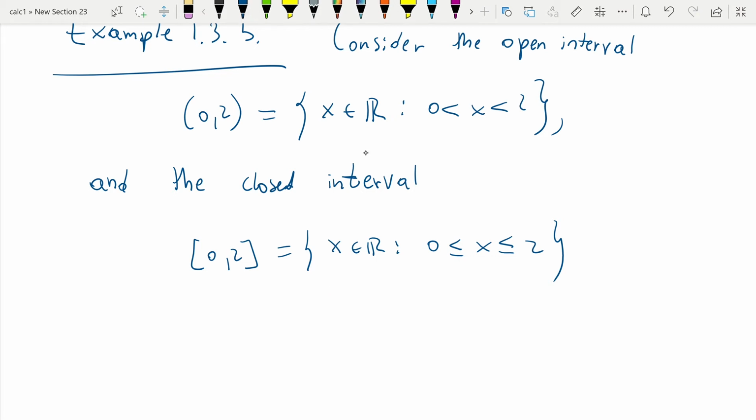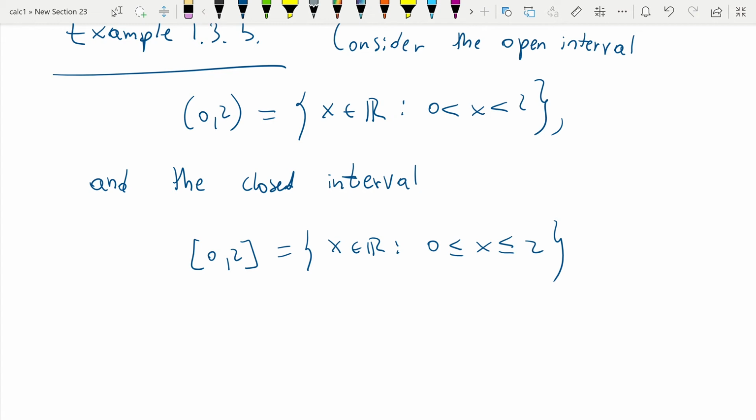This would actually fail for the open interval. If we asked ourselves, does 0 belong to the set? No, because 0 is not greater than 0. A number is not greater than itself. And so that means that 0 doesn't belong to the set, and 2 doesn't belong to the set. Of course, you're already very used to this notation, and you have probably used open and closed intervals in the past.